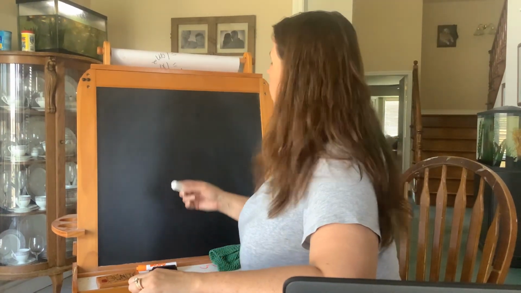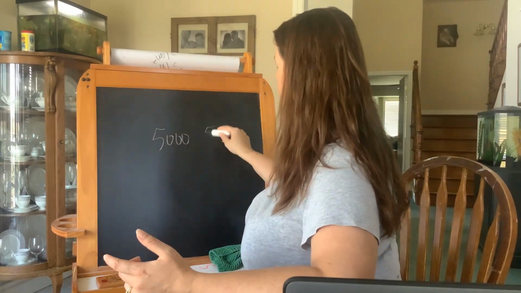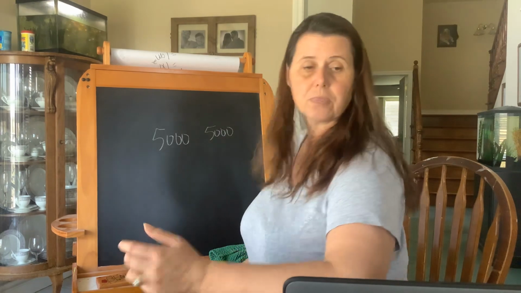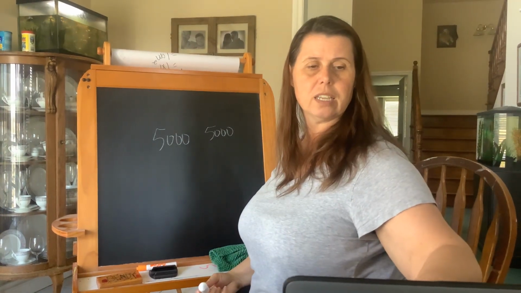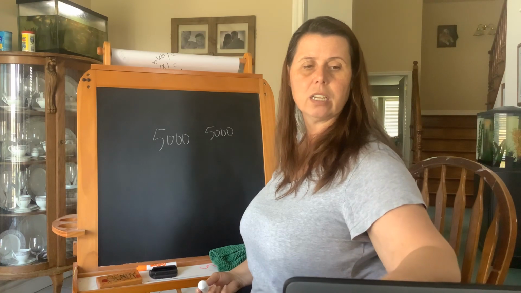Okay, and the last one, the mode is 5,000. Okay, so that means if it's a mode, we have to have at least two 5,000s, right? And I believe it says some of the numbers can be 0 if you like, right?